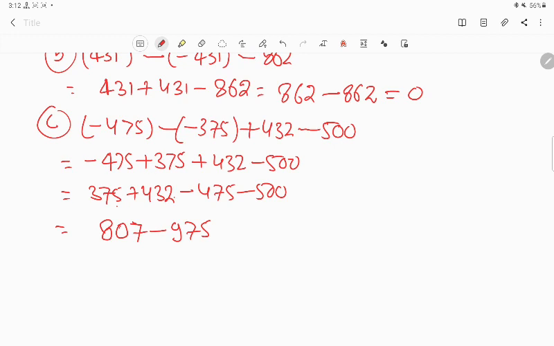Now add the positives together and the negatives together: 807, and this is the minus number 975.